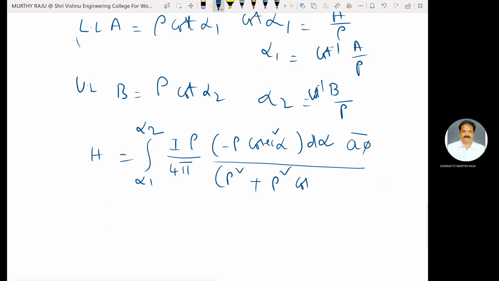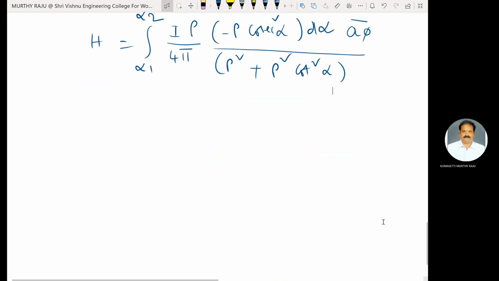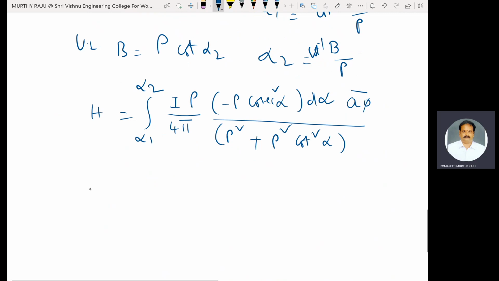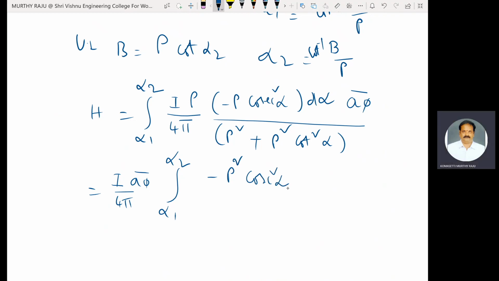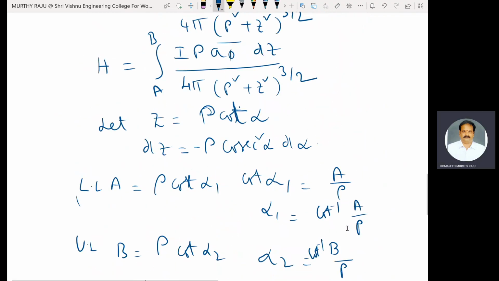So H is equal to I by 4 pi a phi, integral from alpha 1 to alpha 2 of minus rho into rho square minus rho square cosecant square alpha d alpha, divided by rho square into, here some 3 by 2 is there.